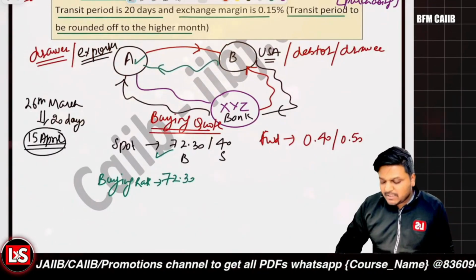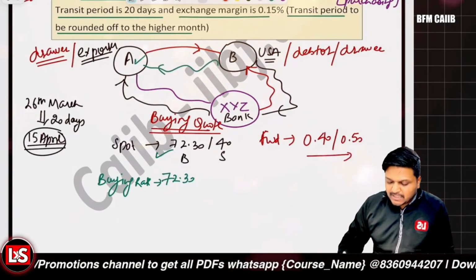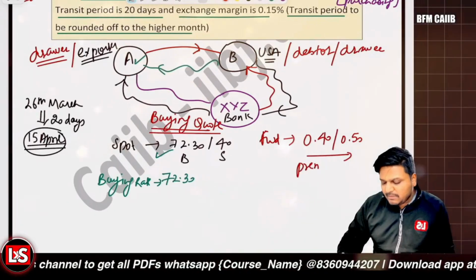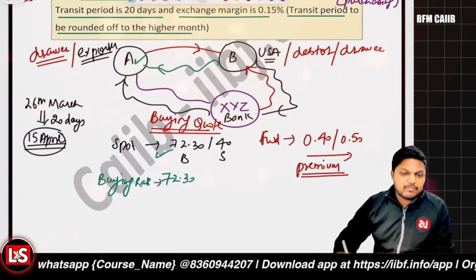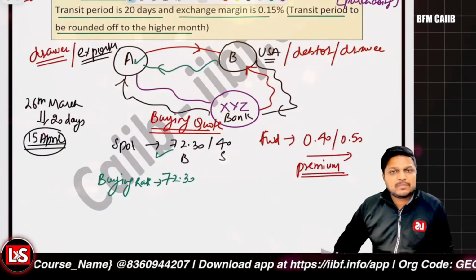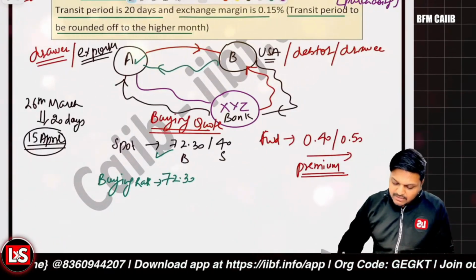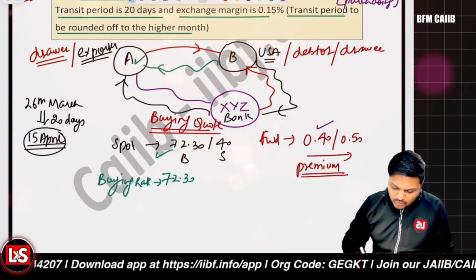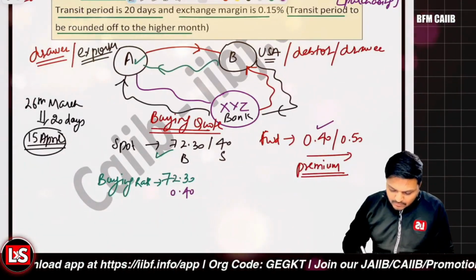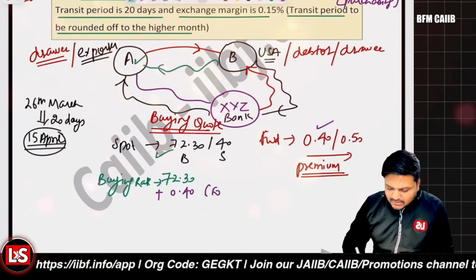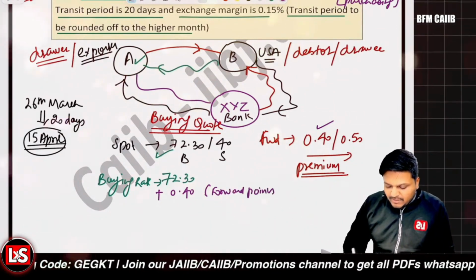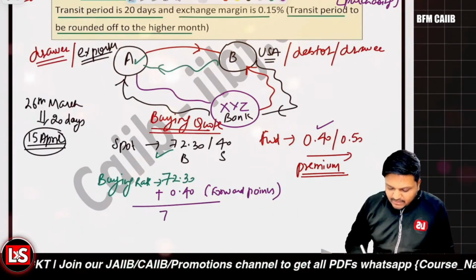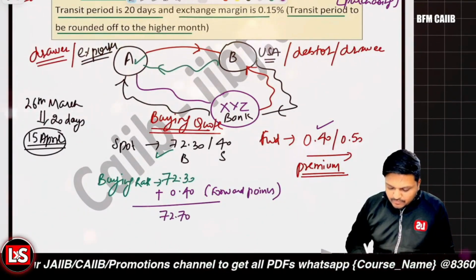Now the points are increasing from left to right. So it's a case that the currency would be available at premium. And whenever we say the currency is available at premium, the forward points are to be added up. So it is the buying forward points to be considered. So 0.40. Because the currency is available at premium, those are to be added up. So it is 72.70.